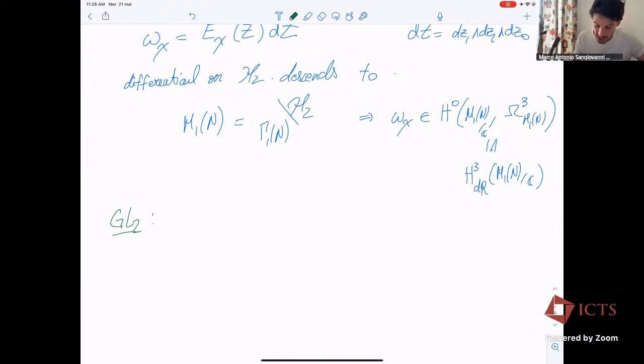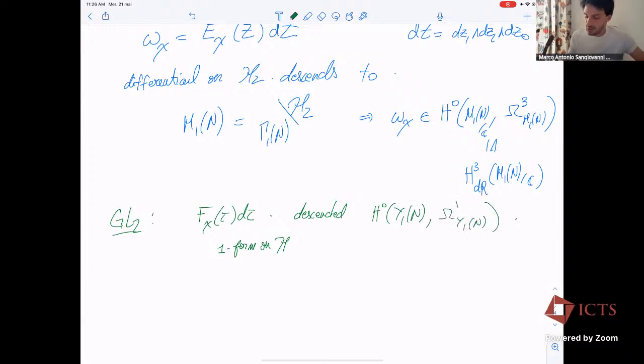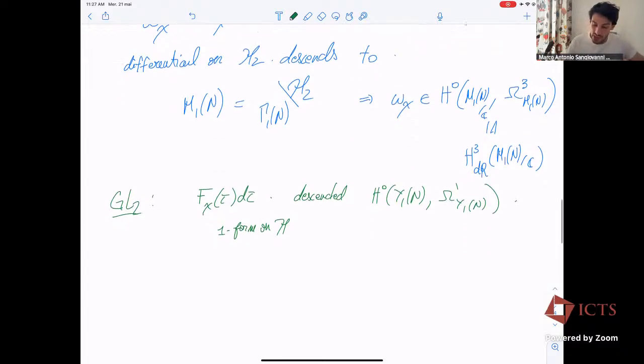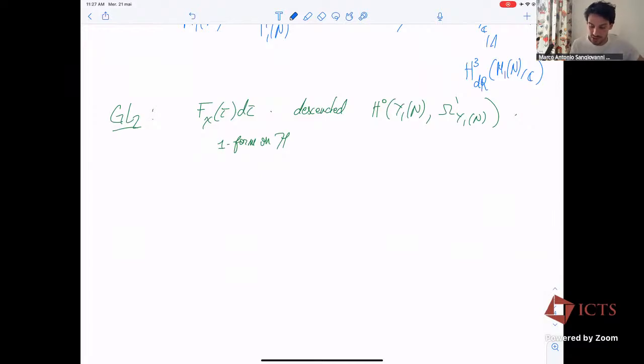In his talk, he had f chi of tau d tau, which is a 1 form on H, and descended to a section of the 1-forms on Y1 of N. So as of now, we've just interpreted an explicit Siegel modular form as a differential on a complex algebraic variety.